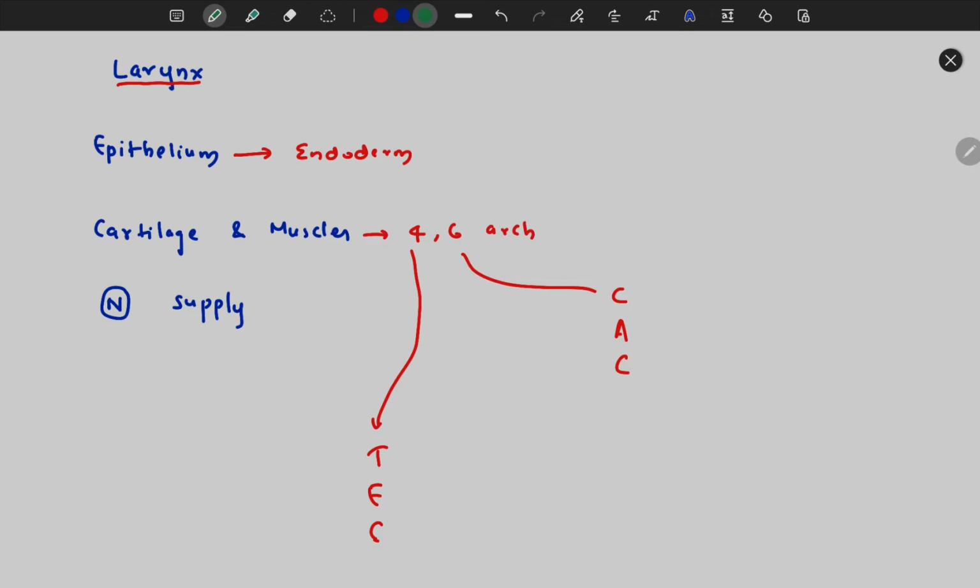So from the cartilage component of the fourth arch, we have the thyroid, epiglottis and cuneiform. And the cricoid, arytenoid and corniculate are derived from the cartilage component of the sixth arch.